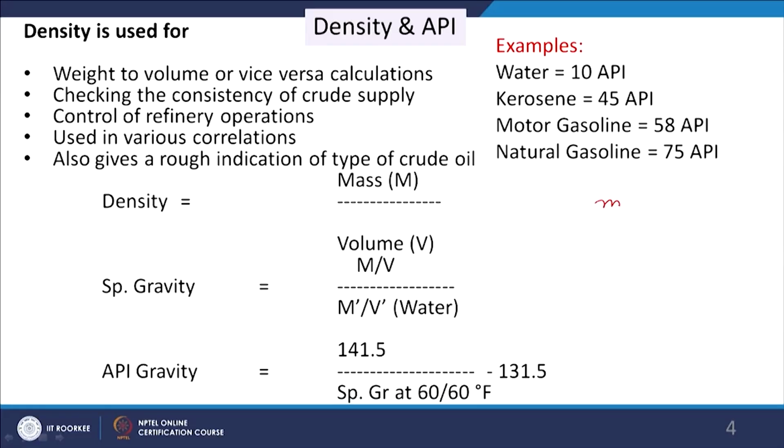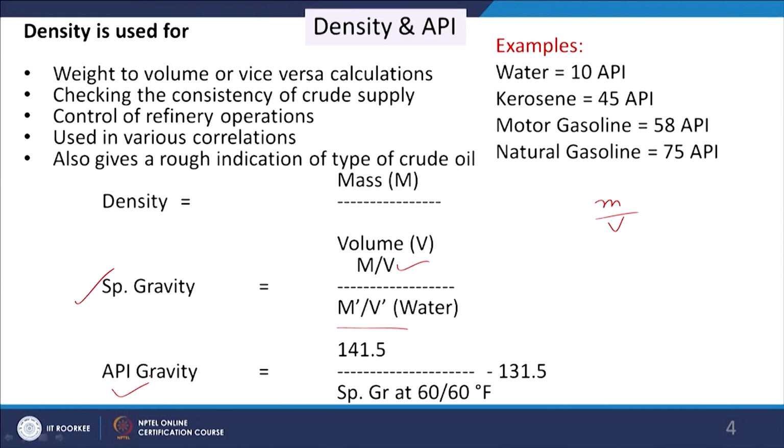As you know, density is nothing but mass by volume of any substance, and specific gravity is also used, m by v divided by m dash by v dash, that means with respect to water. That is, the density of any material divided by the density of water at 4 degree centigrade is the specific gravity.